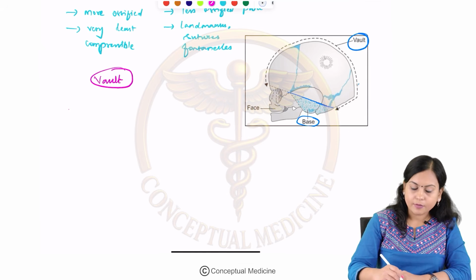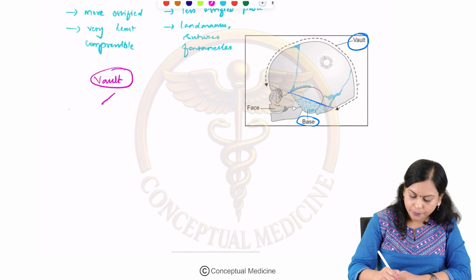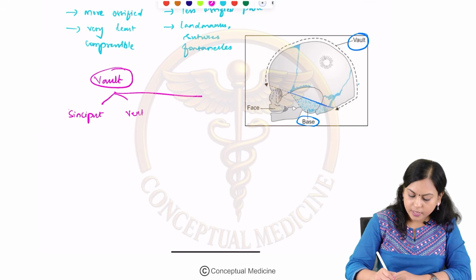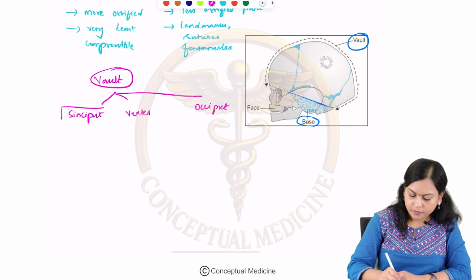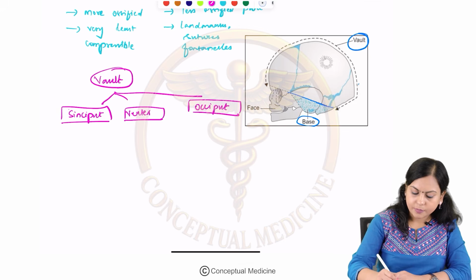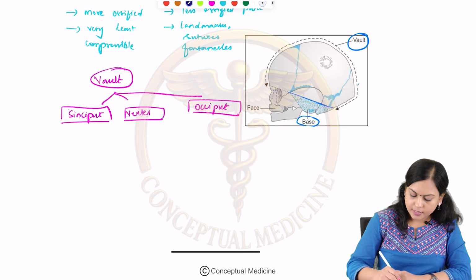Basically, the vault is divided into sinciput, vertex and occiput.